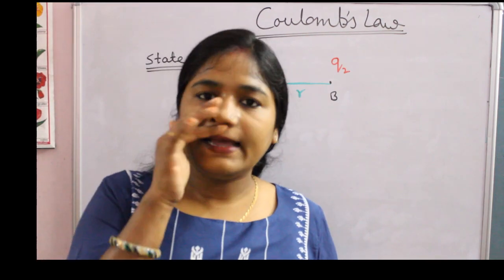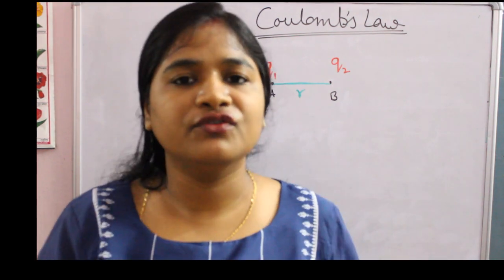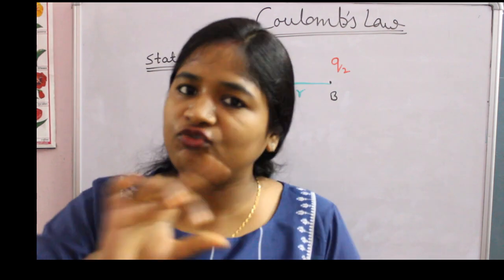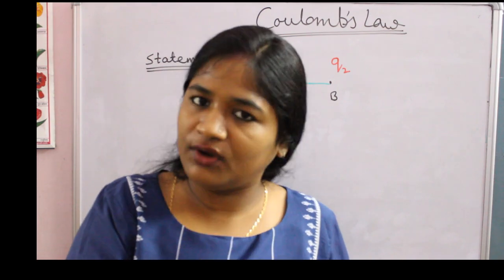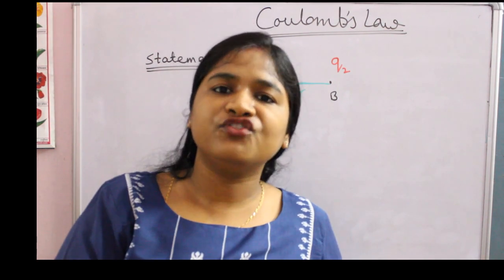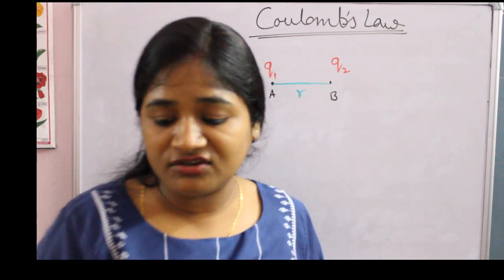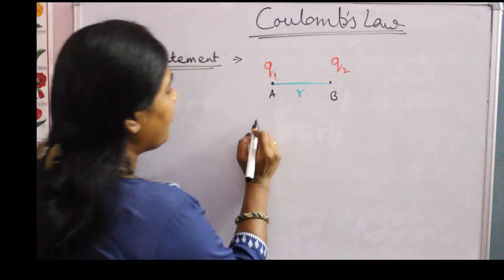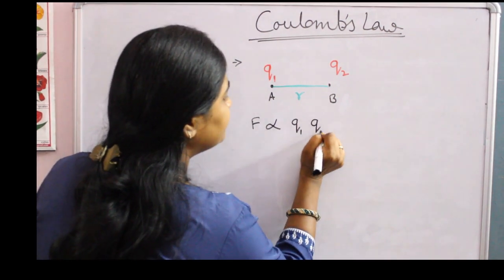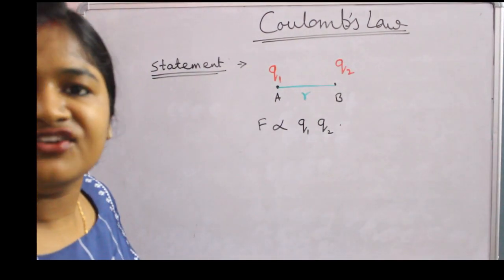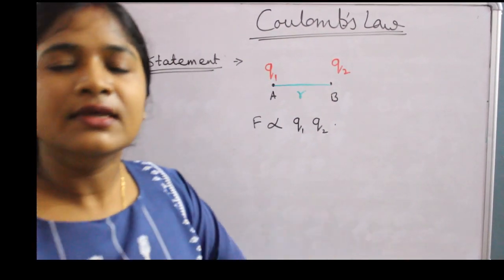Coulomb said that the force of attraction or repulsion, we don't know which it will be, let it be the electrostatic force acting between the two charged objects, F, is directly proportional to the product of charges, that is Q1 and Q2.